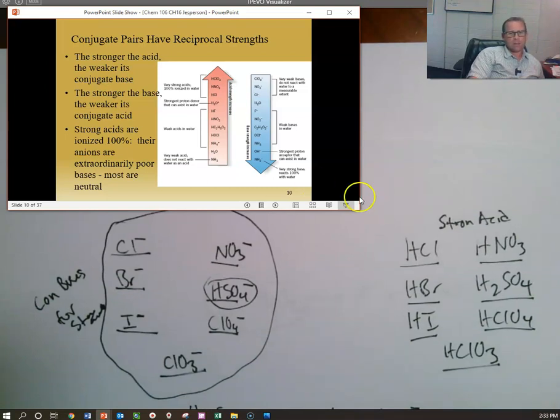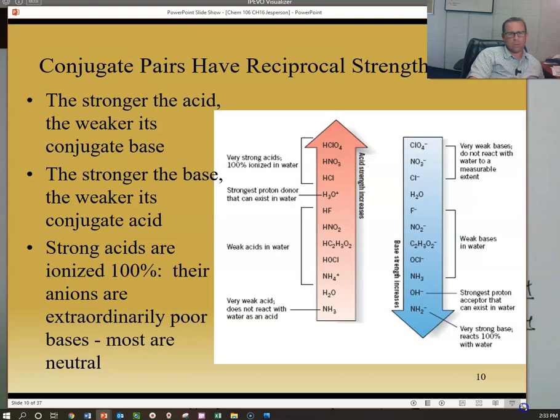Okay? So that allows us to think of our conjugate bases and identify how strong of a base it would actually be. So if you take something like HClO4, that's a really strong acid, and therefore ClO4 minus is not a very good base, right?